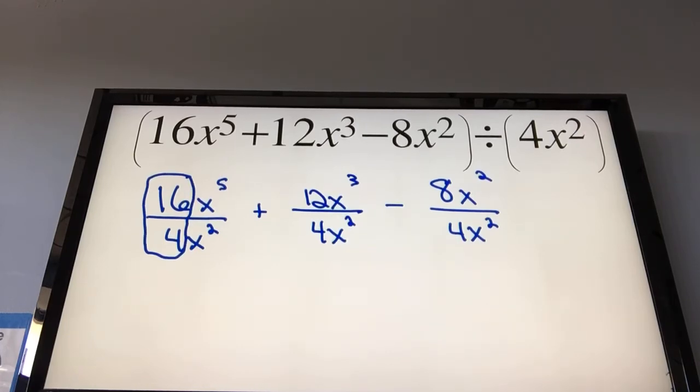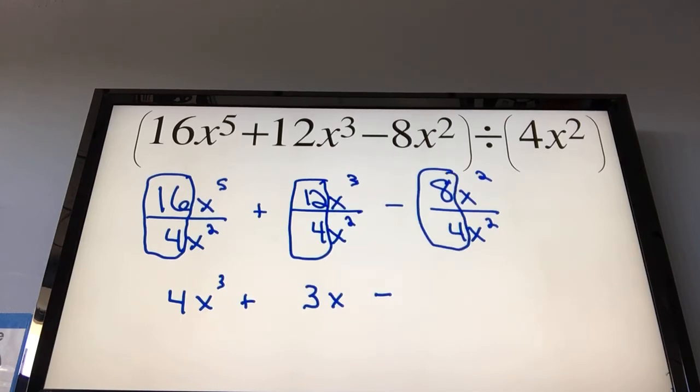Divided by 4 is 4. On my powers, 5 minus 2 leaves me x to the third in the numerator. Plus 12 over 4 is 3. And 3 minus 2 is x to the 1 in the numerator. I don't have to write the 1, but I can.